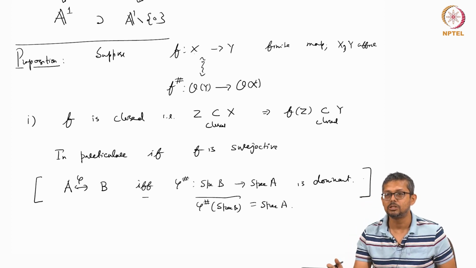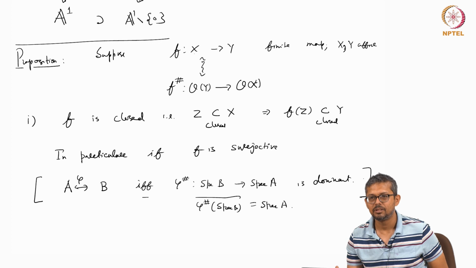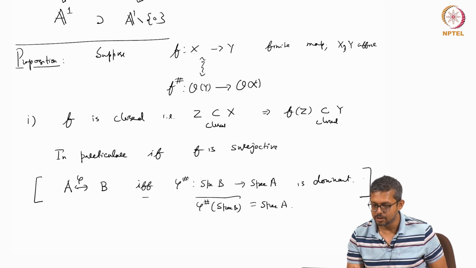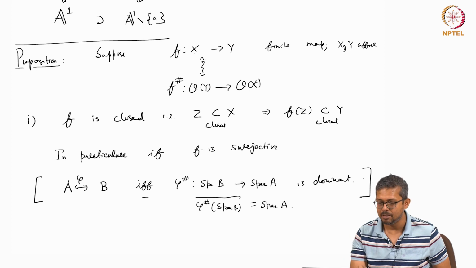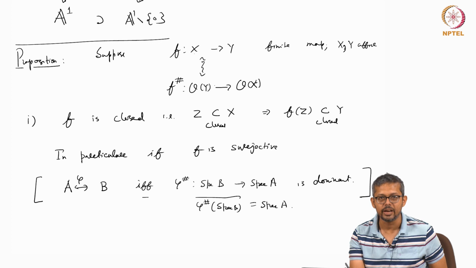Because it's taking closed subset to closed subset, the closure of the closed subset is the closed set itself. So that means it's a dominant map at the maximal ideal level also. This is at the prime level, but if you take it at the maximal ideal level also, it is a dominant map. So that will say that if it is a finite map and a surjective map, then O_Y to O_X is an injective map.